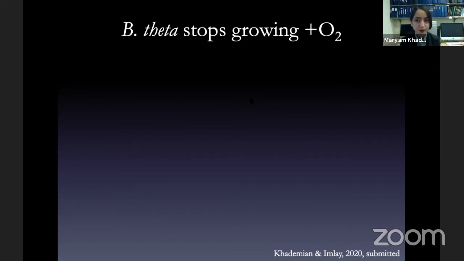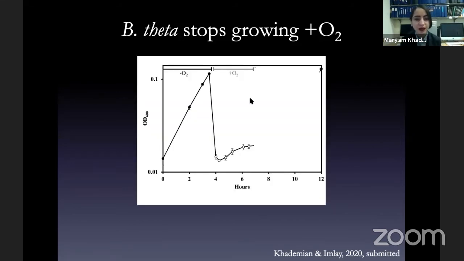is an obligate anaerobe. Okay. And what we know about obligate anaerobes is that they stop growing in presence of oxygen. So I showed this here. If I grow these cells in the absence of oxygen in our anaerobic chamber, they grow fine. They don't have a problem growing. If I take the flask that contains these cells out and put it in 20% air that contains 20% oxygen, at 37 degrees, these cells stop growing in presence of oxygen.